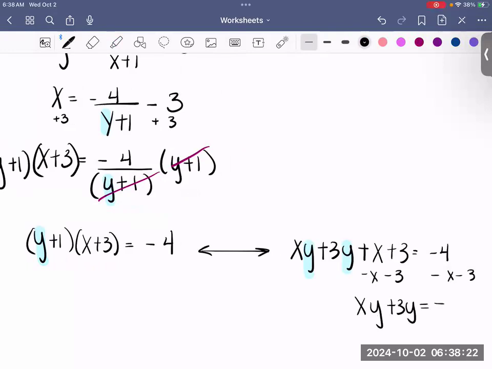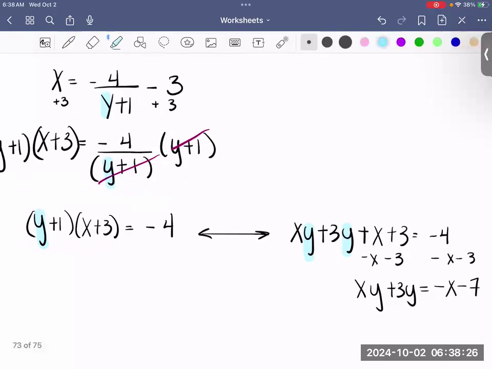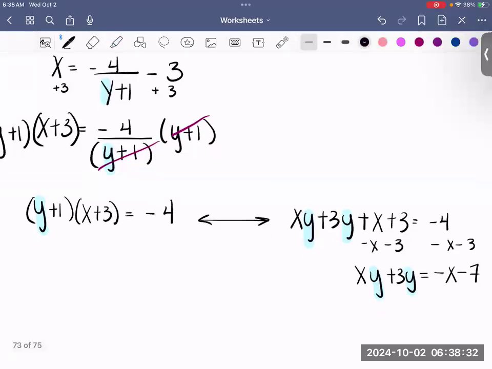-x minus 7. And then again, you have two y's. We need to solve for your y, so getting it alone, we have to factor out first your y to get this x plus 3 alone to one side.